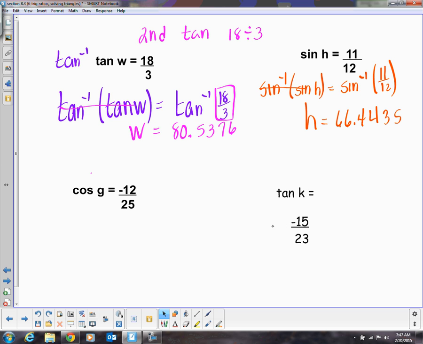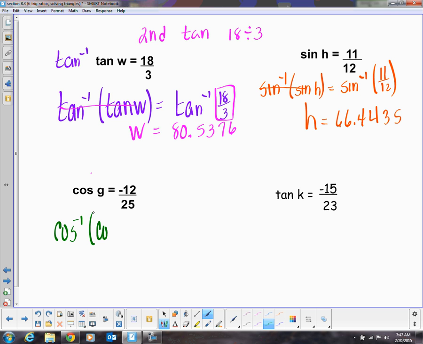Okay. So if we look at this one, I've done a tan, I've done a sine, now we need to do a cosine. Again, you do this funky stuff when you don't know the angle. So what are we going to do? Cosine inverse of cosine G is equal to cosine inverse of negative 12 over 25.